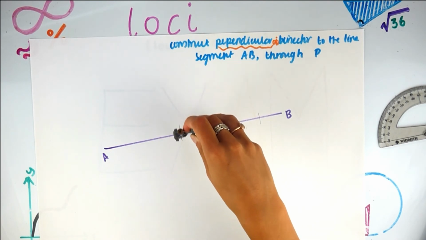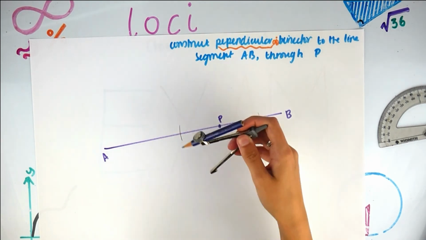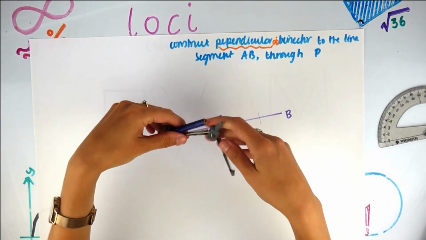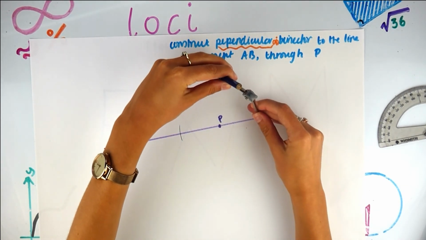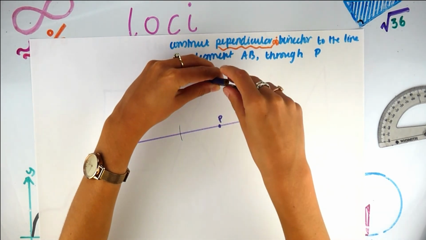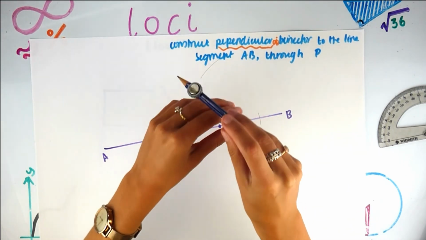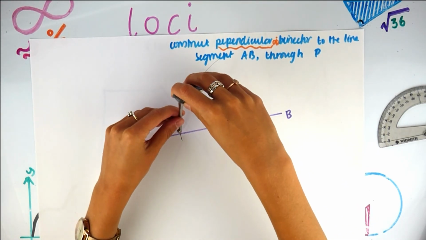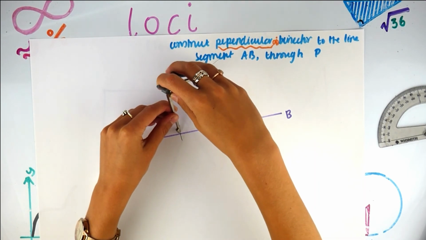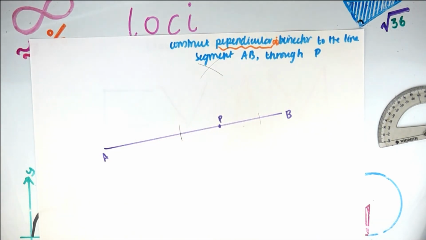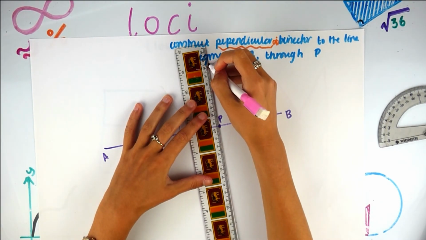So this was for constructing a 90-degree angle. Then you could make this bigger, and you went on to the points you've drawn, and you drew another line, do the same on this side, and where they cross, if you draw a line from the crossing to P, that should be a straight line, 90 degrees.